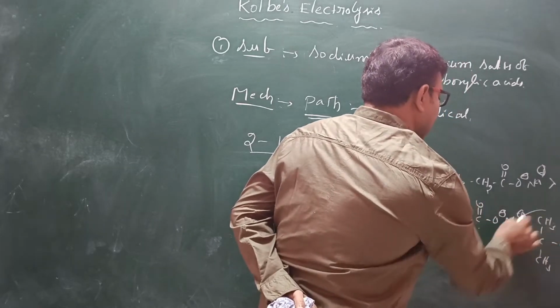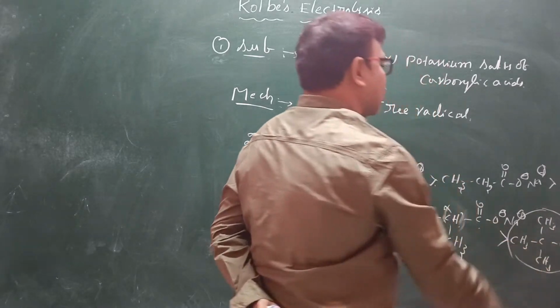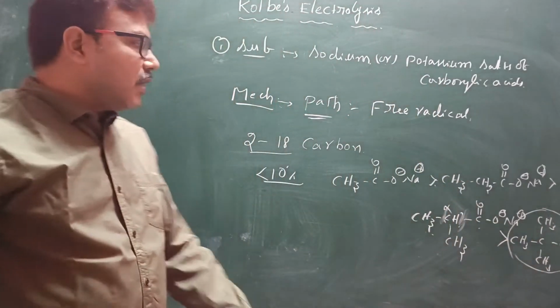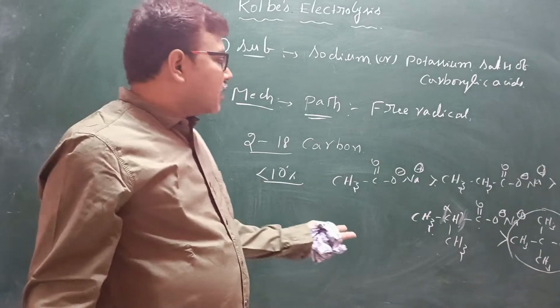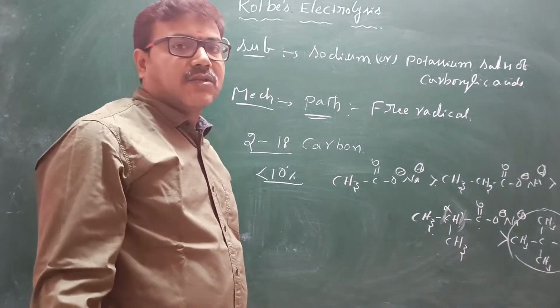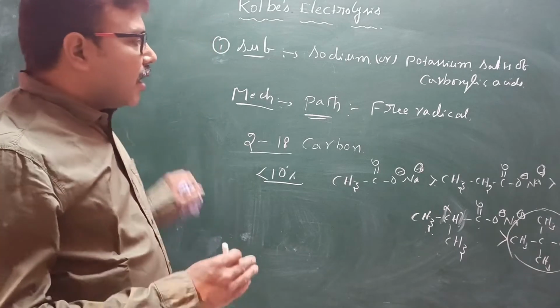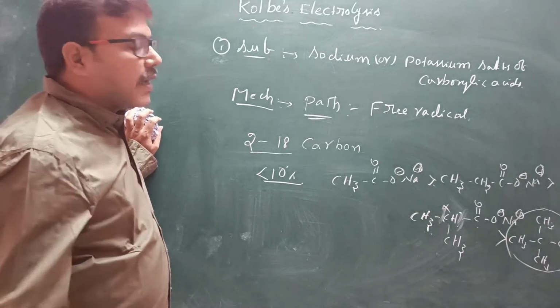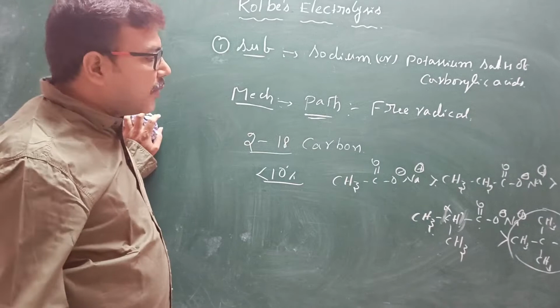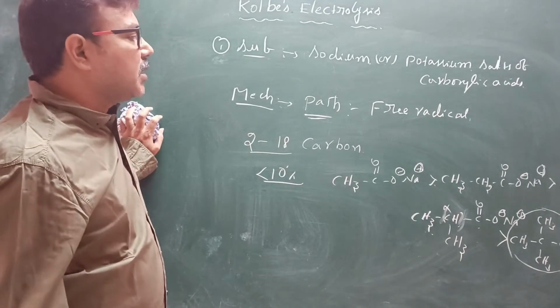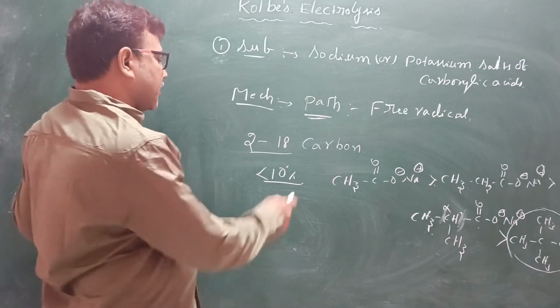This compound may not participate in Kolbe's electrolysis. When the branching increases, the yield decreases due to steric crowding. When alpha substituted carboxylic acid salts are involved in Kolbe's electrolysis, the percentage of yield is less than 10%.